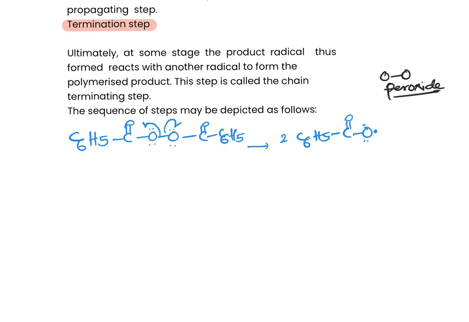Next step: C6H5C double bond O with a lone pair and unpaired electron. Again this bond will break, if this is a covalent bond, then this also undergoes homolytic cleavage. Then we will get C6H5 free radical.